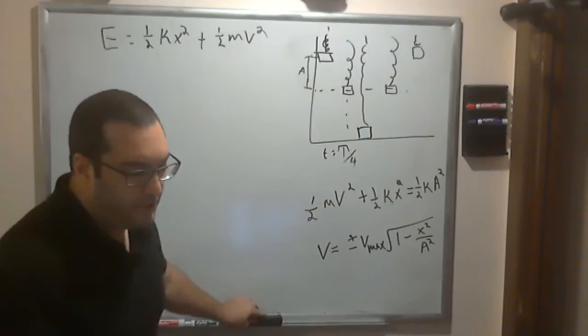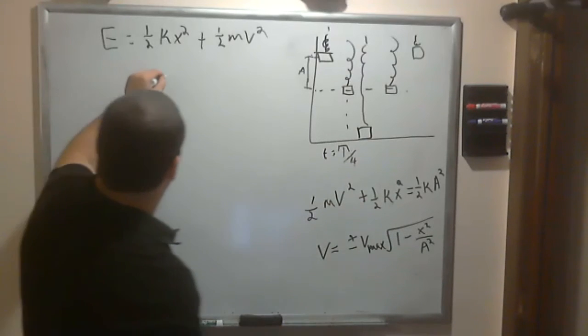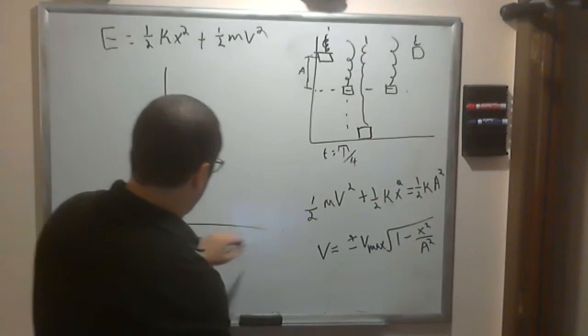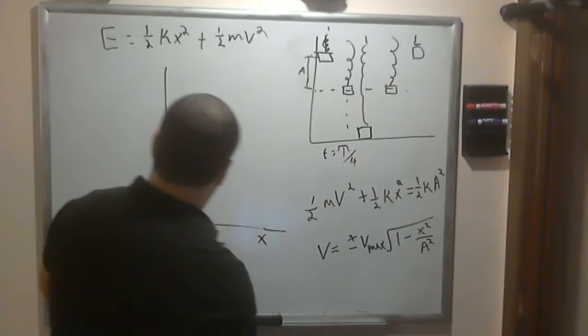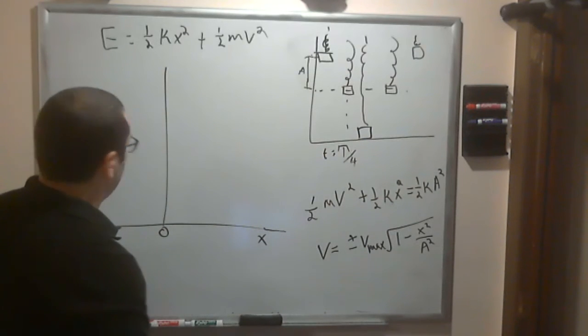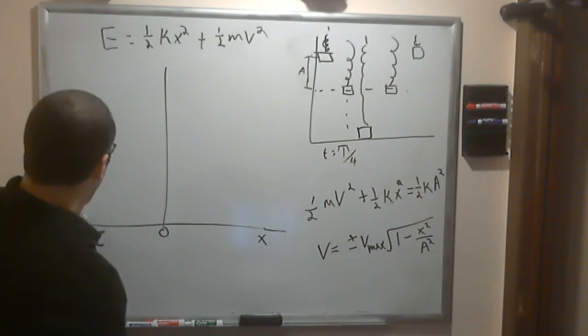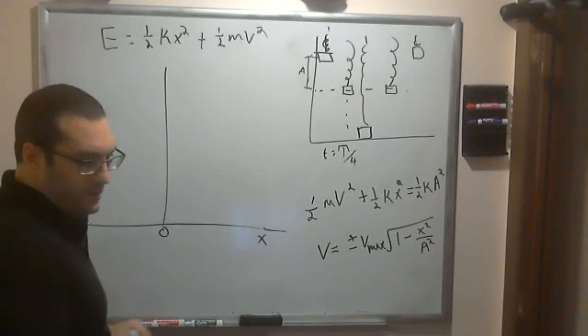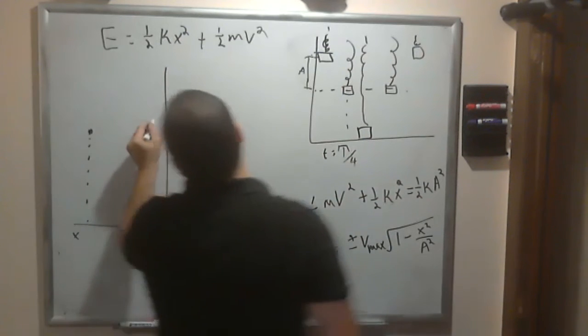Let's graph out the potential energy as a function of distance. Right, this is 0, and this is energy.